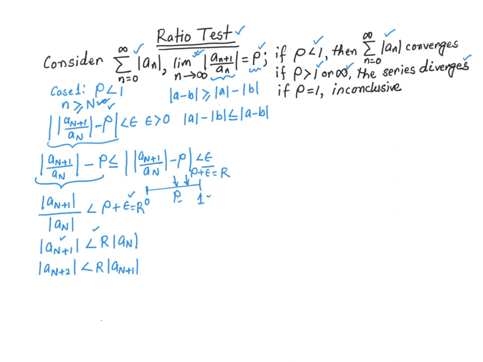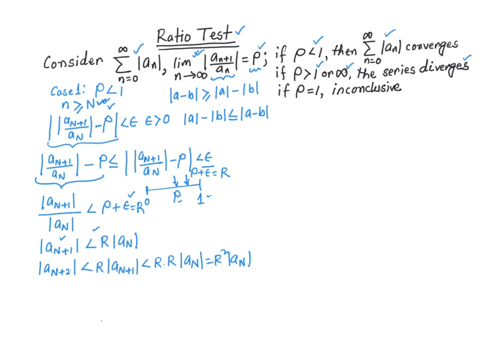But a sub n plus 1 is this, so I could replace it and hold this relation: r times r times the absolute value of a sub n, which is the same as r squared times the absolute value of a sub n.